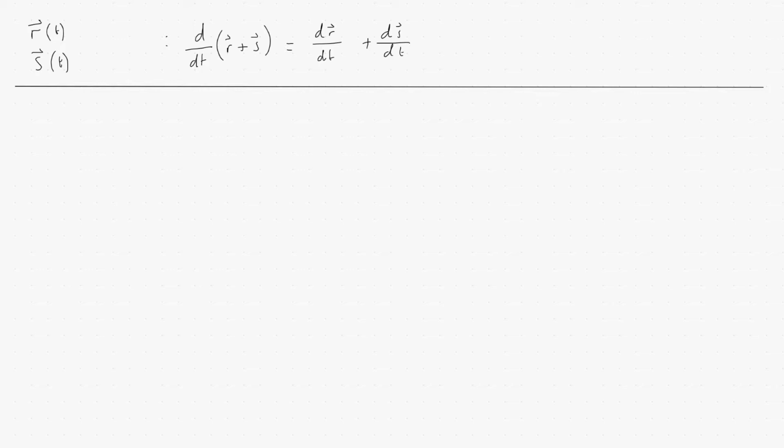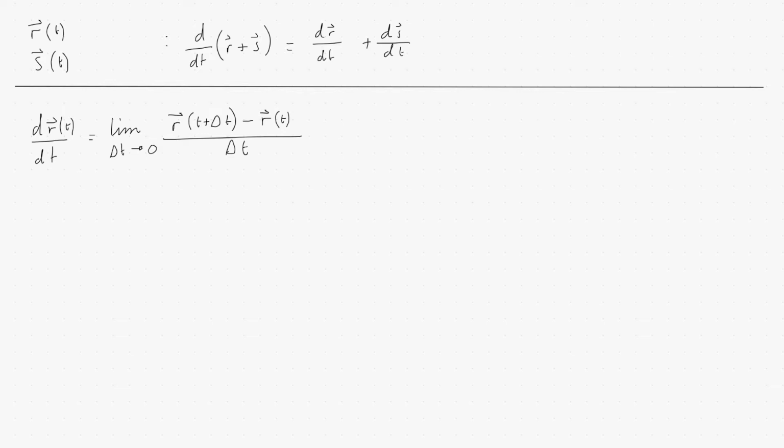And what I mean by this is that I'm going to say that dr by dt, the differential of r, which is dependent on t, with respect to t, is equal to the limit, that's lim, of a small change in the time, delta t, as that small change goes to 0, of r at t plus a small change in time, minus r at the original time, t, all over the small change itself, delta t.